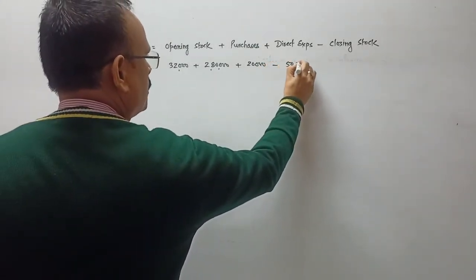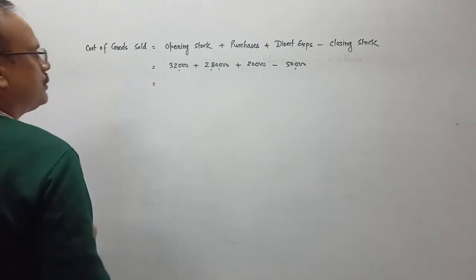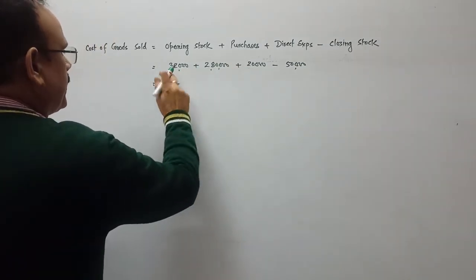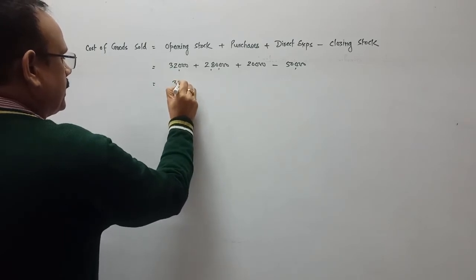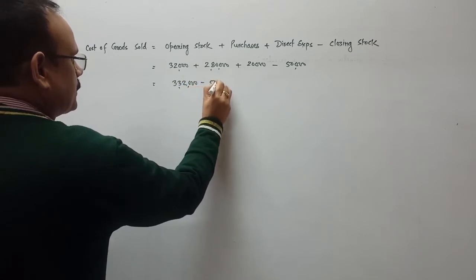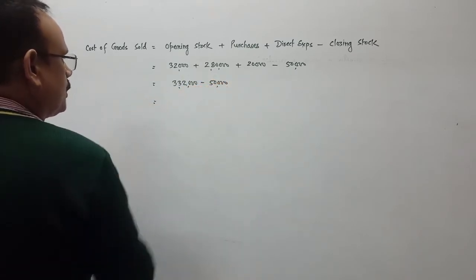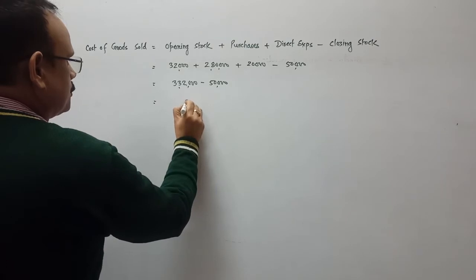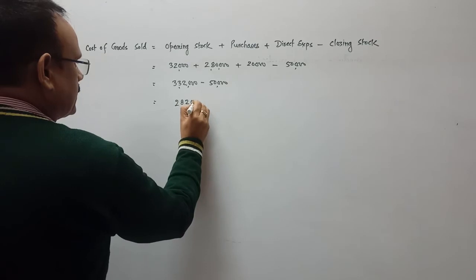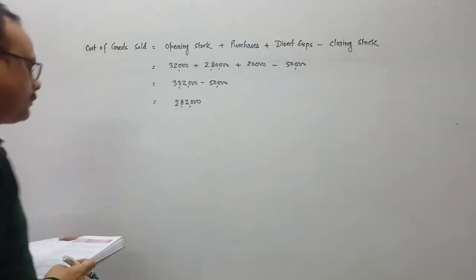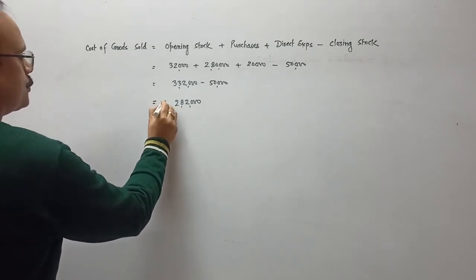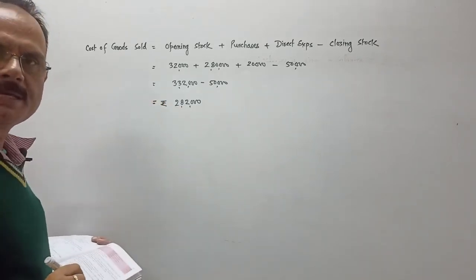So 32,000 plus 2,80,000 plus 20,000 is 3,32,000. 3,32,000 minus 50,000, so the cost of goods sold is 2,82,000 rupees.